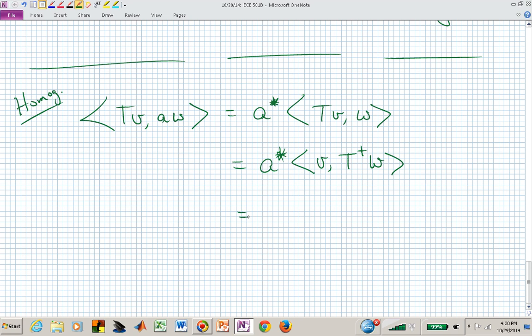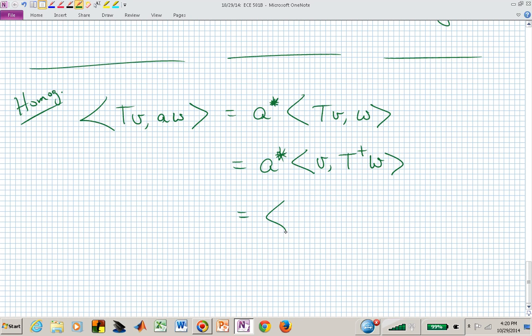Now let me push that scalar back inside the inner product and put it into the second slot. And what do I need to do to that scalar to put it into the second slot? Conjugate that.